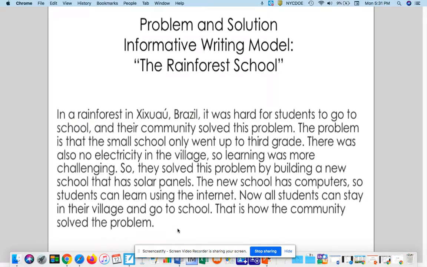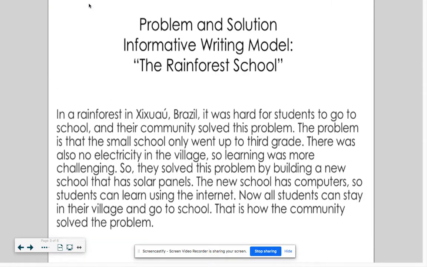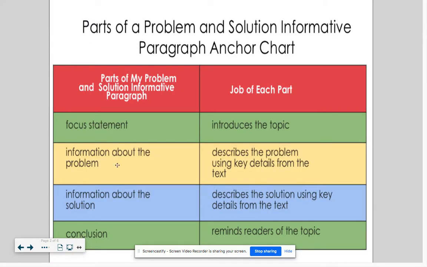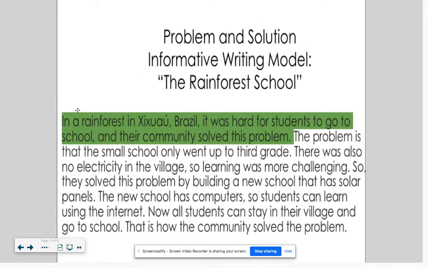So what we're going to do next is break up this paragraph, and I'm going to show you the different parts. I'm going to show you the focus statement, the problem, the solution, and the conclusion. I highlighted the focus statement in green.